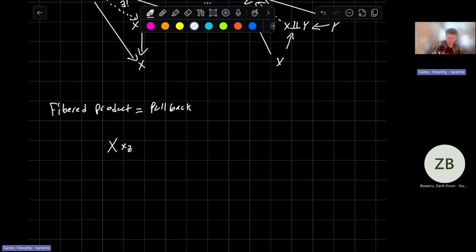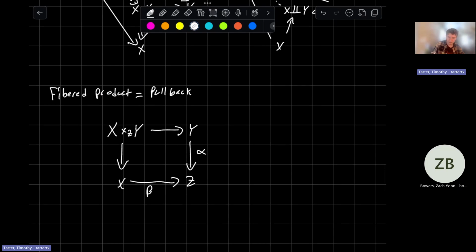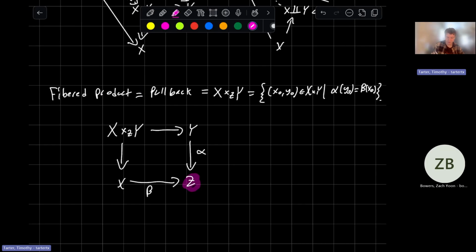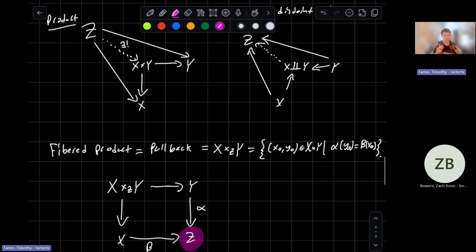And so the fibered product through Z of X and Y is, if we have Y here and we have X here, and maps alpha and beta into Z down here, then X fibered through Z of Y is the set of all pairs (x₀, y₀) in X product Y such that alpha of y₀ is equal to beta of x₀ in Z. So it's all of the stuff that agrees in Z. This is useful because it gives us a way to pull back agreeing things as a structure.